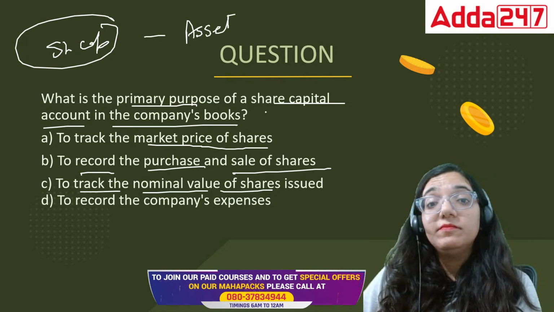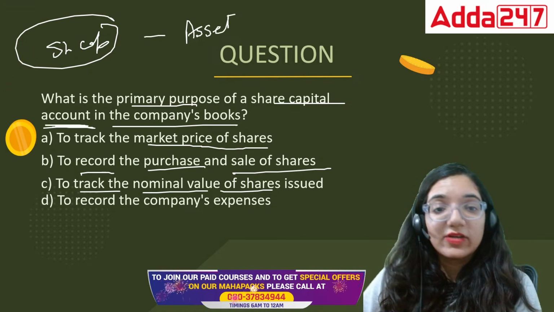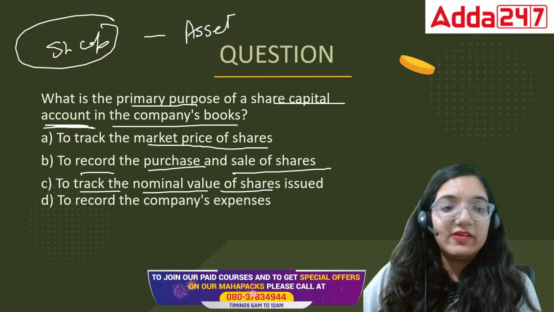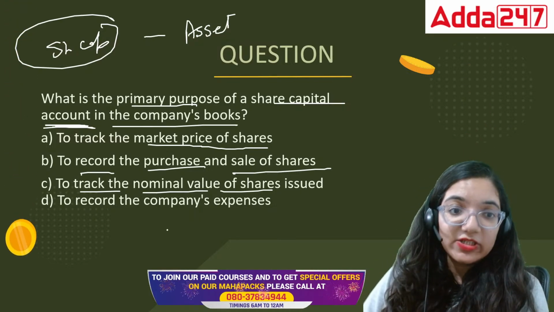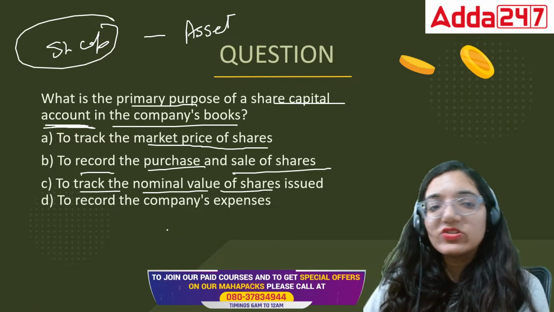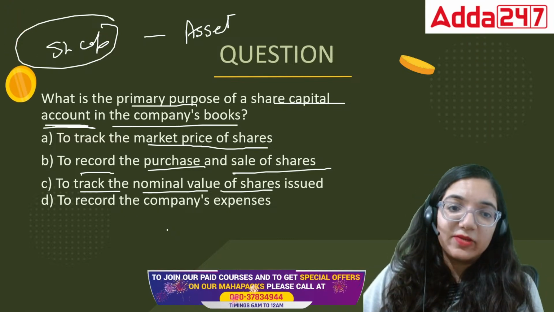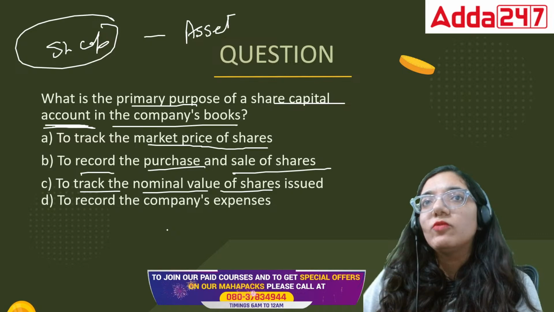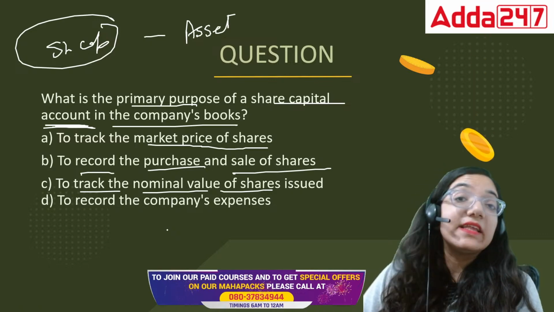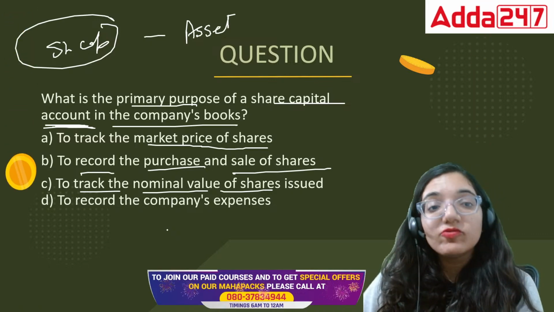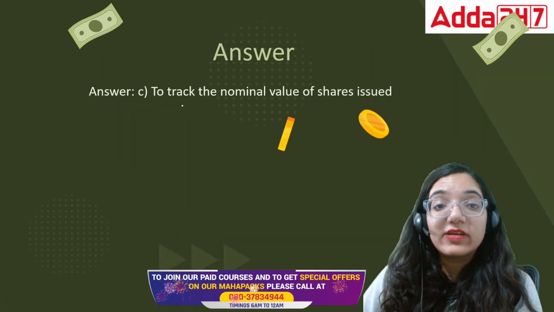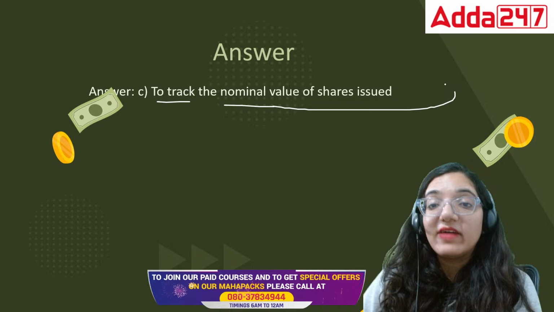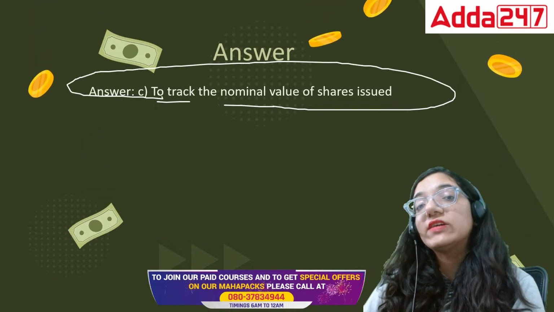This account is prepared to track the issued price of the shares. It is not to track the market price of the company. Market price is just to know what exactly the value is in the market. It has nothing to do with what you are investing in. So in this case, the correct answer would be to track the nominal value of the shares issued.